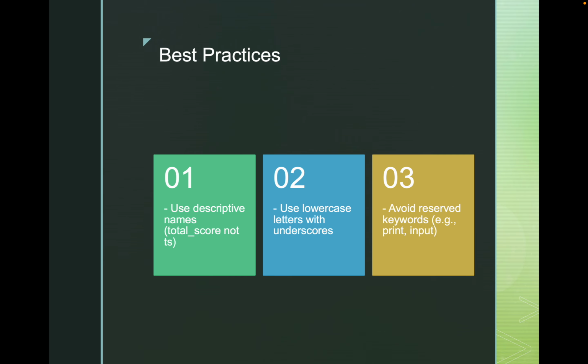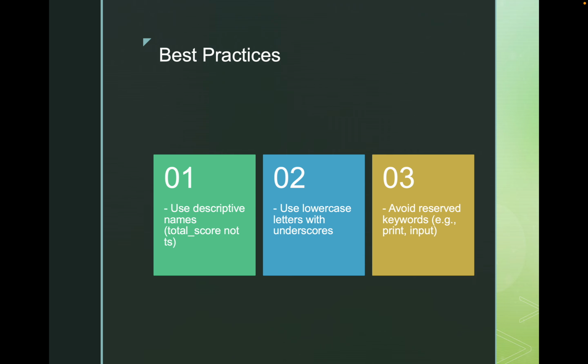For example, total underscore score instead of ts. If you use total underscore score, it is easy for anyone to tell what we are talking about in our code, and it is readable and easy to understand. Using descriptive names will really help you.